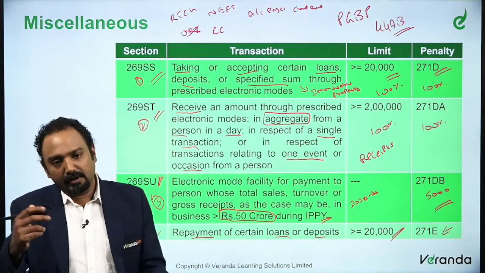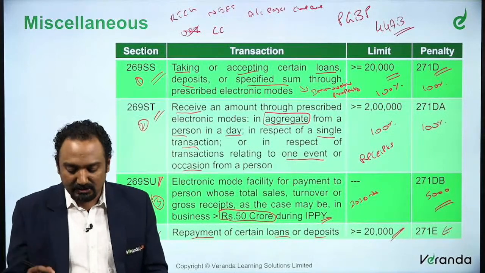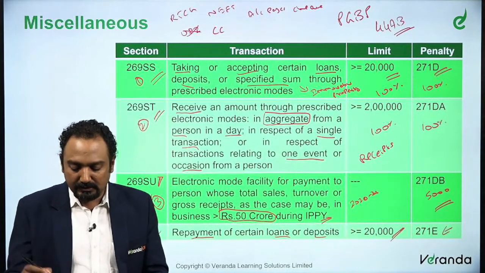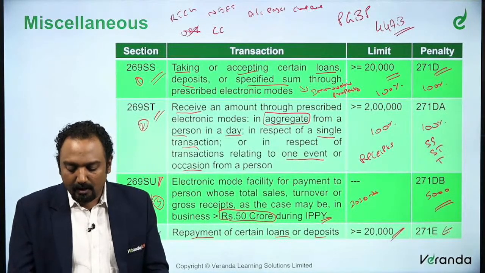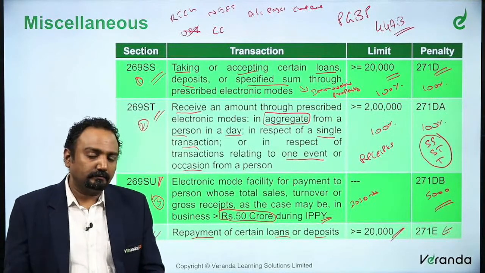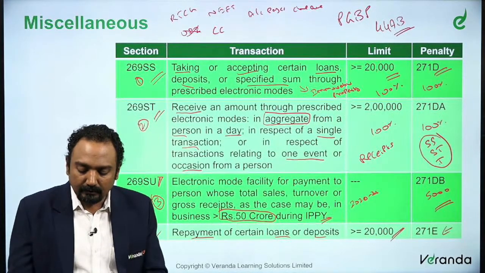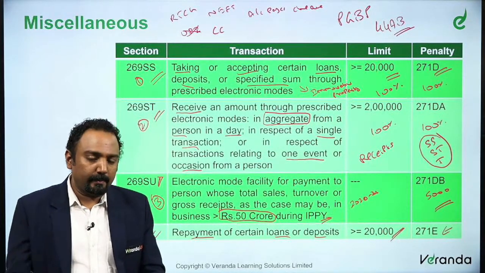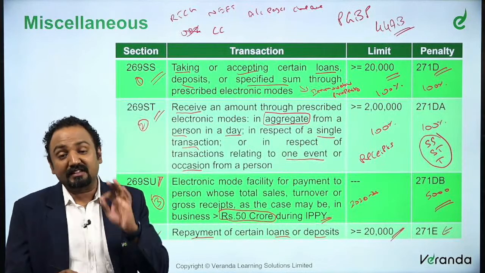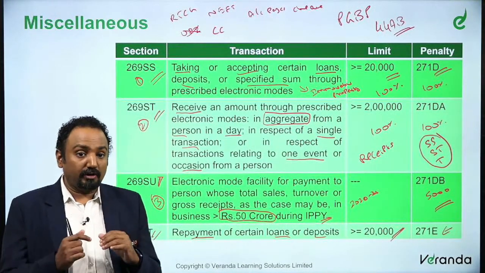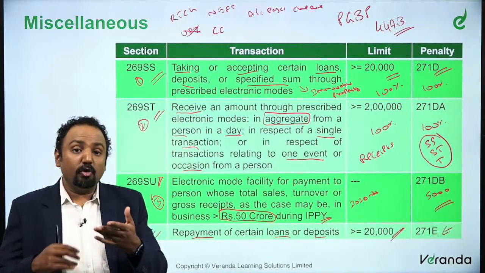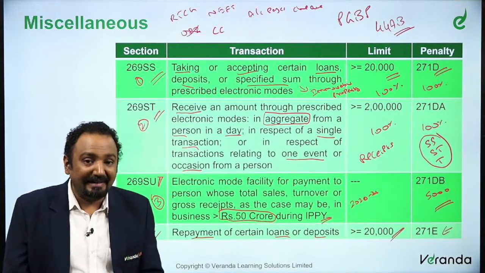Now, whenever we are talking about these sections, we will keep in mind these three sections, SS, ST and T. For these three sections, there are some exceptions. So, what exceptions are we talking about? We are talking about persons with whom even if you have not complied, it is still okay.